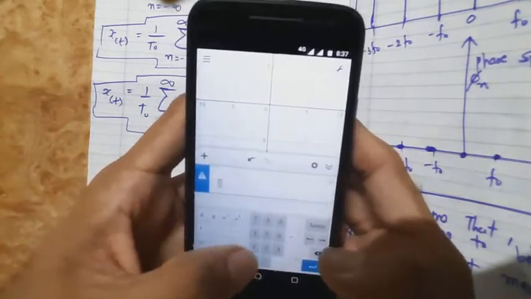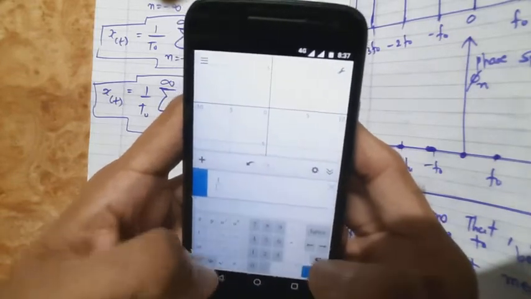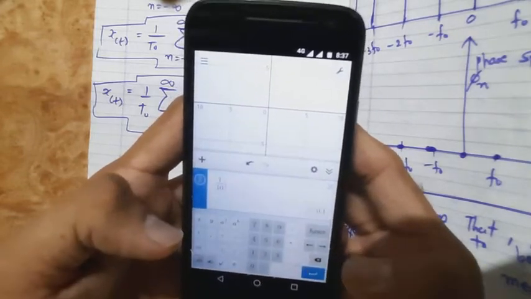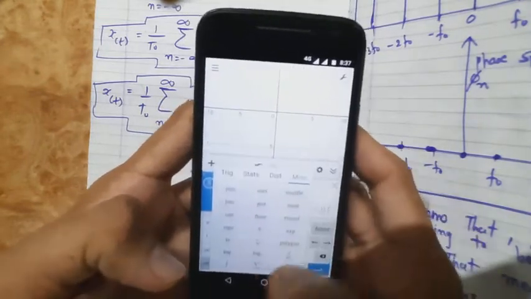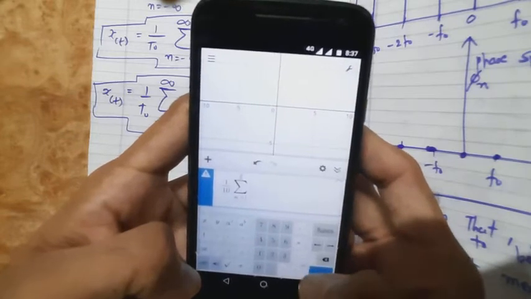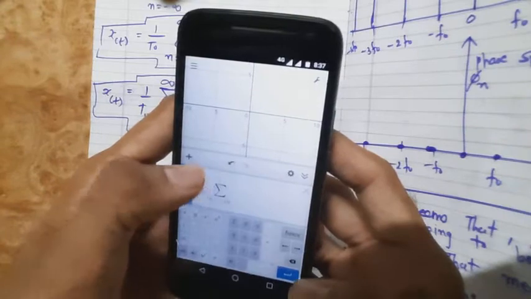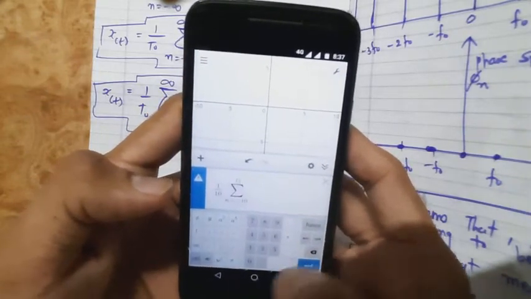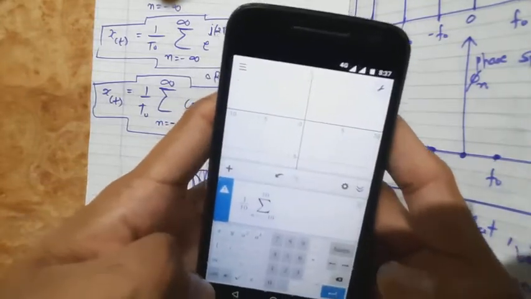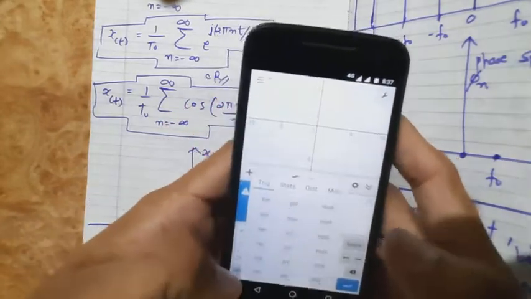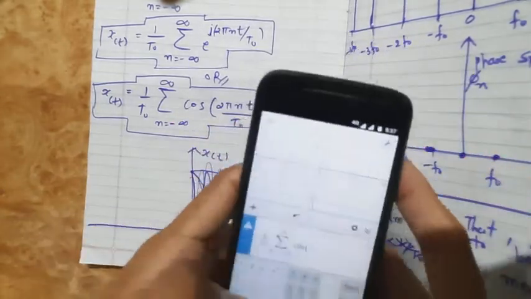Again, 1 upon 10, 1 divided by 10, one step on the right side, then the miscellaneous function sigma, n equals negative 10 to positive 10, and here we will have cos, the trigonometric function cos in brackets 2 pi nt.